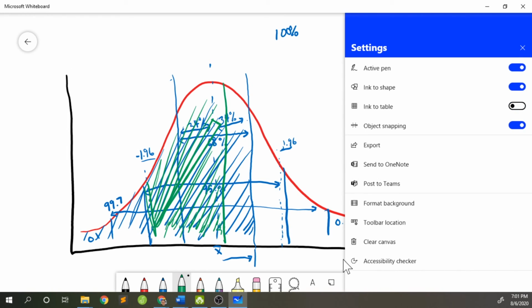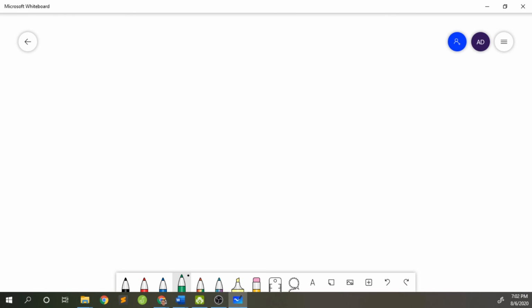Okay, that's too messy. I made it too messy, so I've got to get rid of that. Let's see if we can summarize what we've been talking about. Normal distributions are useful because they have properties that are consistent across normal distributions. If you standardize the normal distributions in terms of their standard deviation, counting by standard deviations, you can create a standard score or a Z-score, which allows you to compare between different normal distributions with different means and different standard deviations.